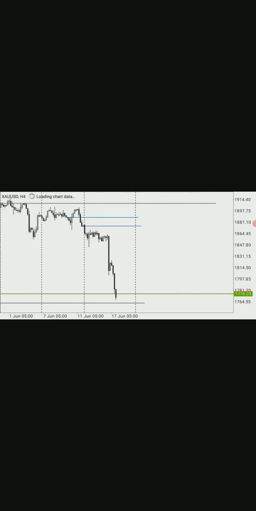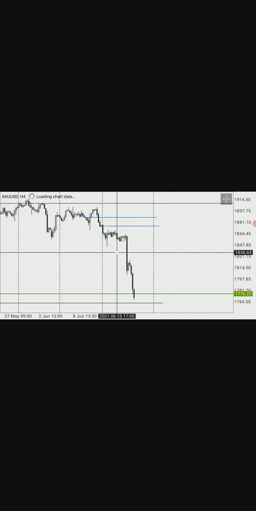Based on what I was expecting for Euro USD and GBP USD, I was expecting the market to go lower, so I expected gold to do likewise. So I was not looking to buy the market anymore, though the previous analysis said buy. So I changed my direction.